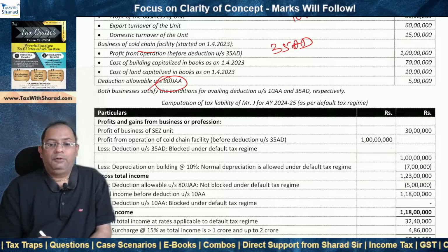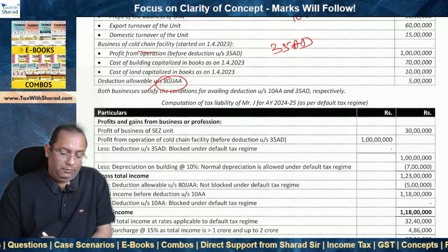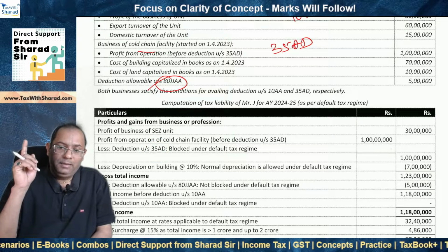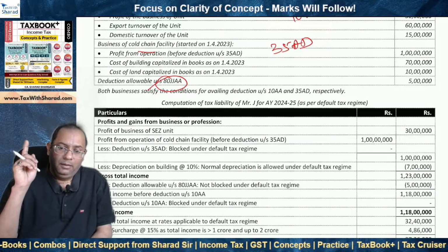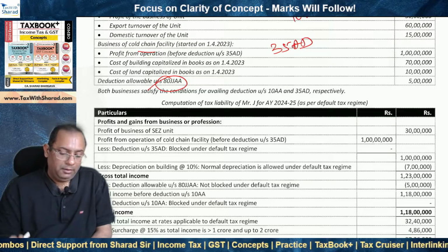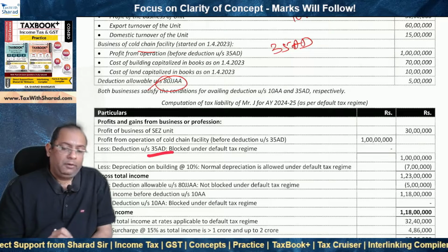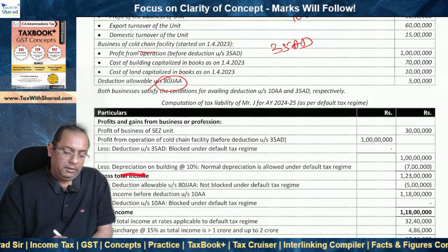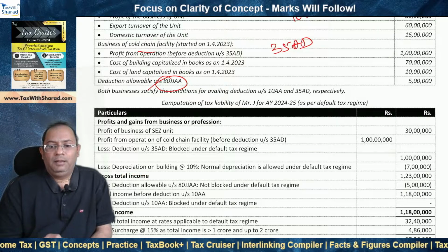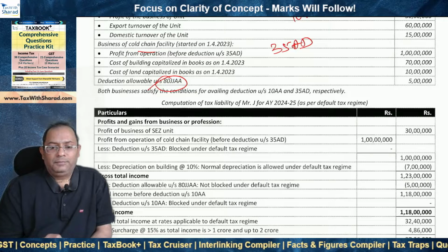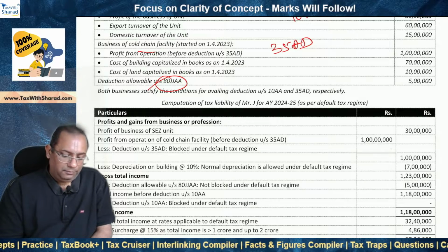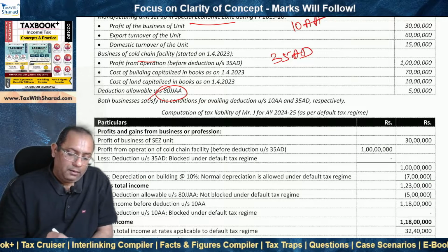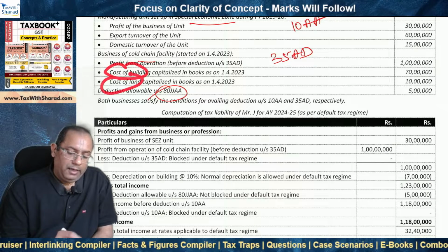Now, when we are talking about default tax regime and when we are blocking deduction under 35AD, the same logic applies as we noted in the case of computation of adjusted total income, that if you are blocking 35AD deduction, in lieu of that you should allow depreciation, which would have been allowed if 35AD was not allowed. Okay. So cost of building is given and cost of land is given.